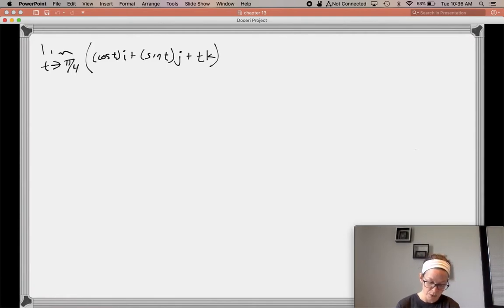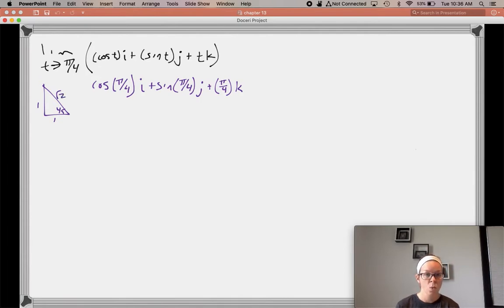But I just plug in pi fourths here to each part, so cosine of pi fourths i plus sine of pi fourths j plus pi fourths k. These are all things we can evaluate. So when we think about pi fourths, it's a 45-degree angle.